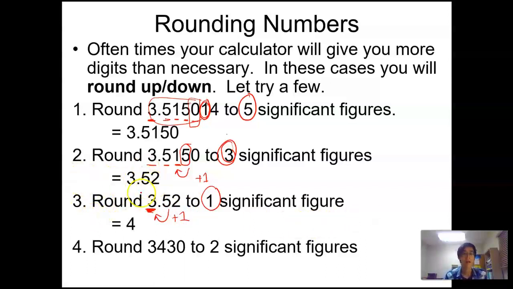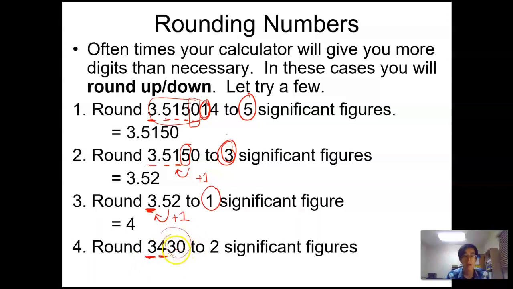Alright, so let's say, what happens, Mr. Tran, if I have a number that doesn't have a decimal at the end, and it's telling me I need to round to 2 significant figures, right? What's going on here? So what you're going to do is, once again, you're only going to keep the digits furthest to the left. So I'm going to make sure I only keep 3,000 and then the 400, and then these numbers are going to be considered less significant.